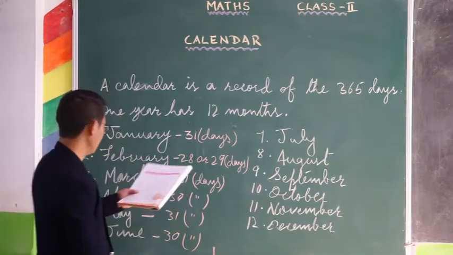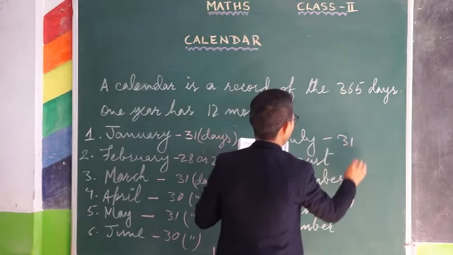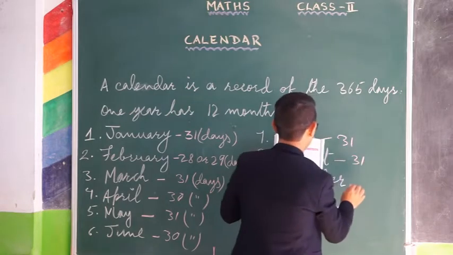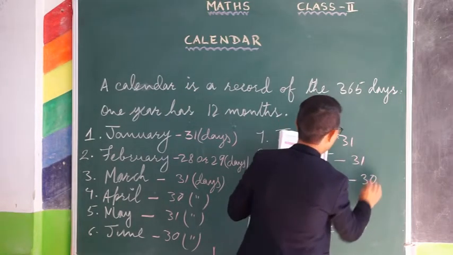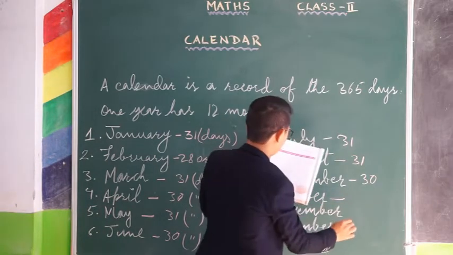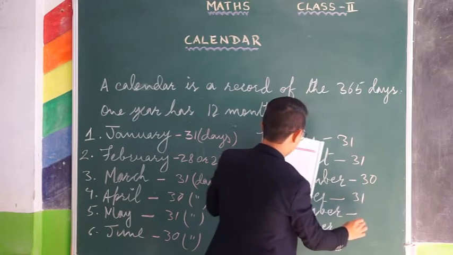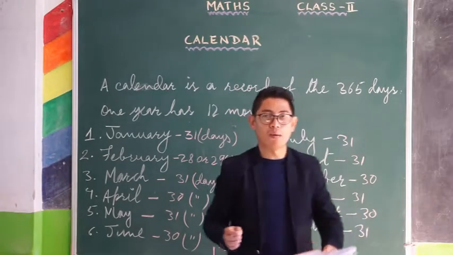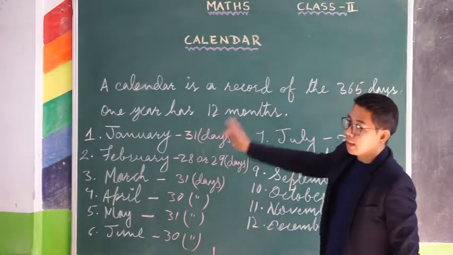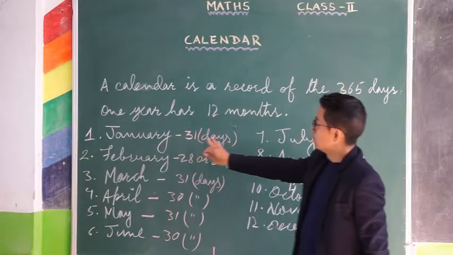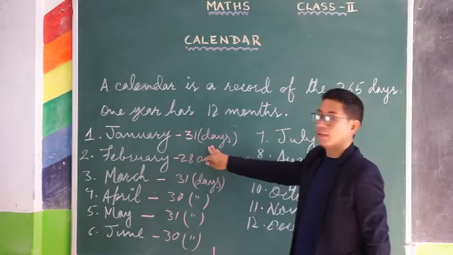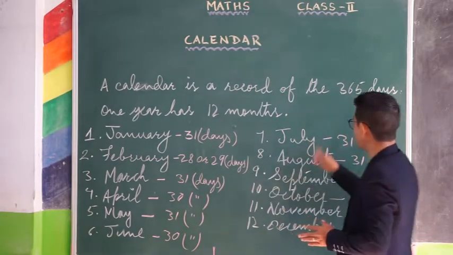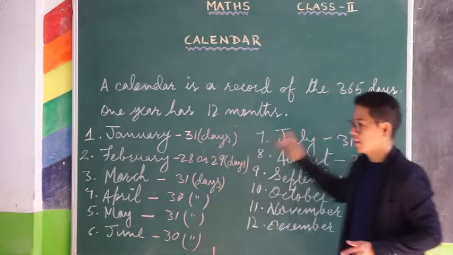And then July has 31, August 31, then September 30, October 31, November 30, and December 31. Okay, so these are the months' names and the number of days each month has. Alright, so January 31, February 28 or 29 days. So all these are the number of days I have written this side.